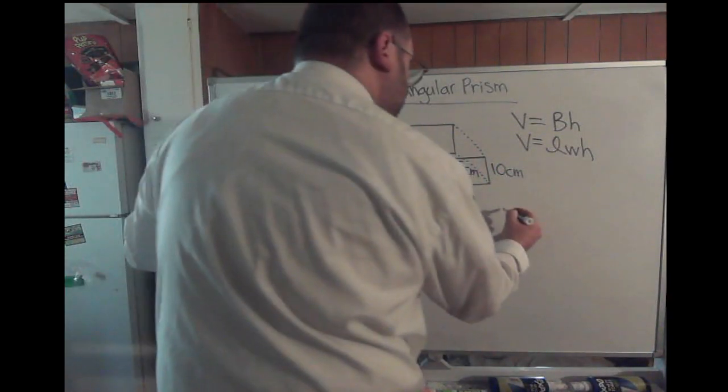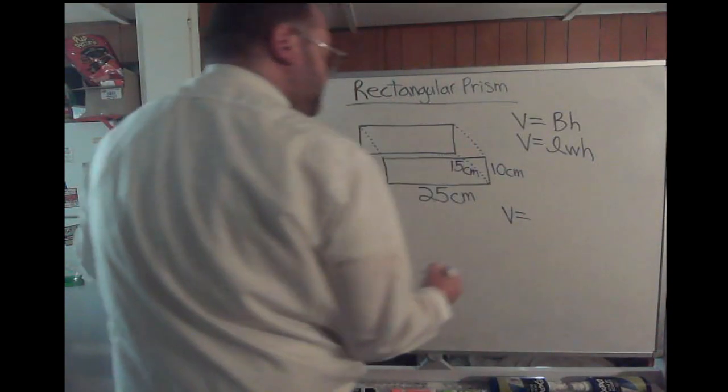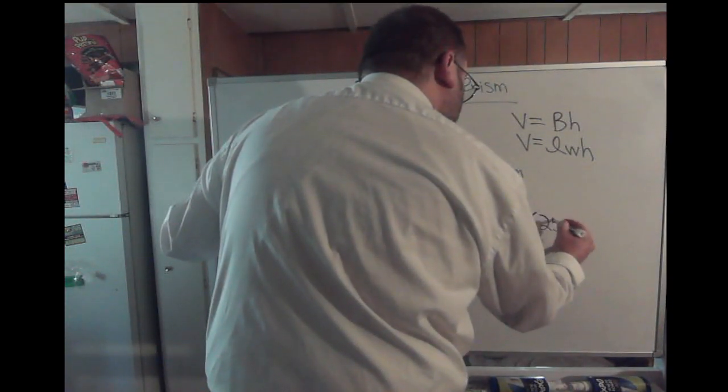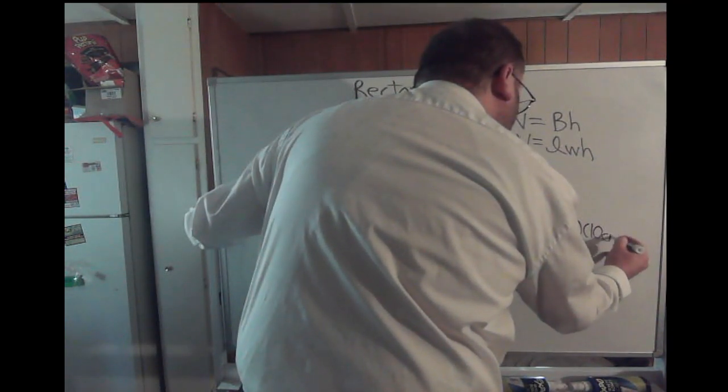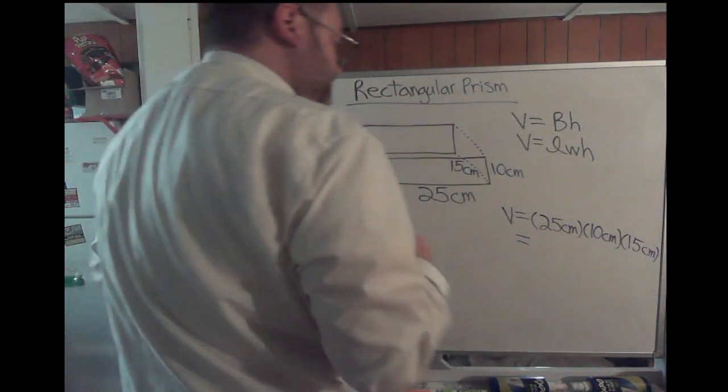So in order to find the volume of that rectangular prism, I'm going to take the length of 25 centimeters times the width of 10 centimeters times the height of 15 centimeters. Okay, now I just got to do some multiplication.